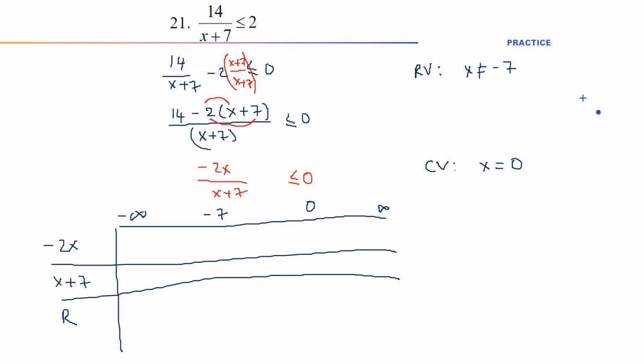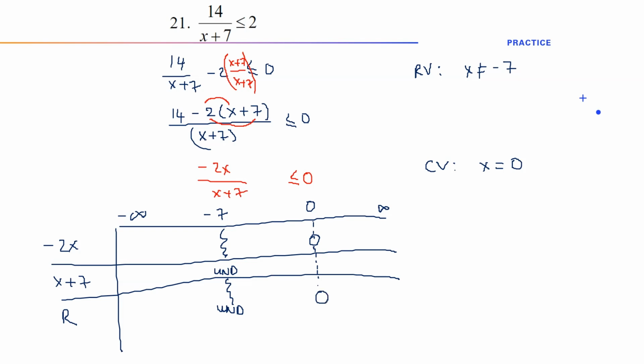At negative 7, we have undefined. And at 0, x equals 0, the numerator equals 0, making the whole thing equal 0.